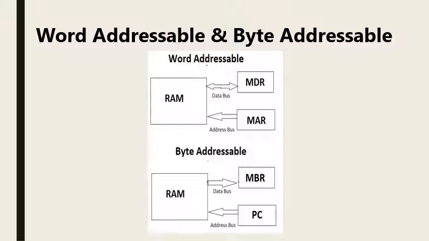Say we take an example of a 32-bit machine having 4 gigabytes RAM. In this case, the sizes of the memory address register and memory data register are 32 bits, the same as the size of the data bus. When the CPU wants to fetch any data or instruction from memory, it places the 32-bit memory address into the memory address register.